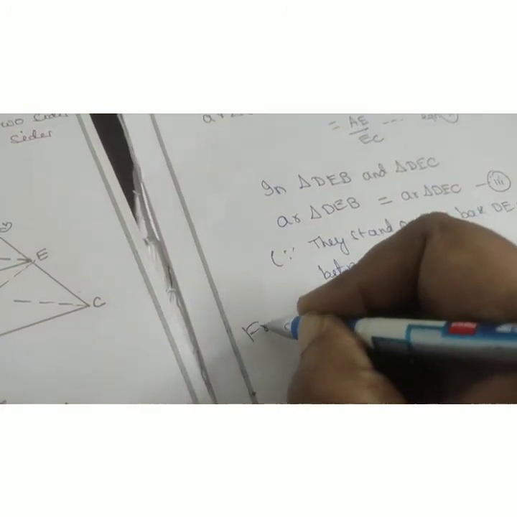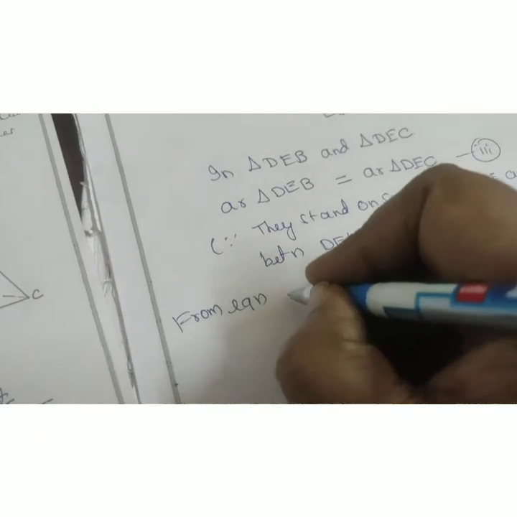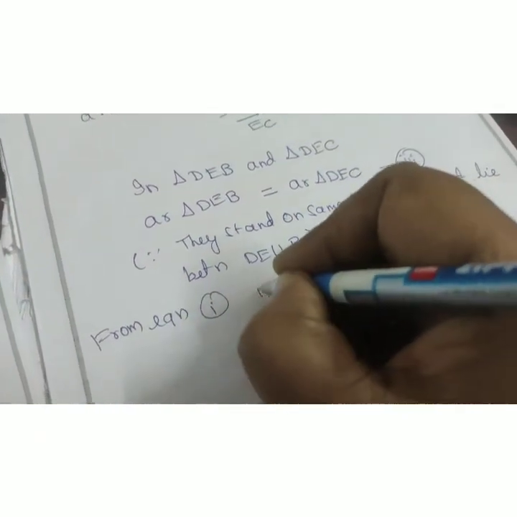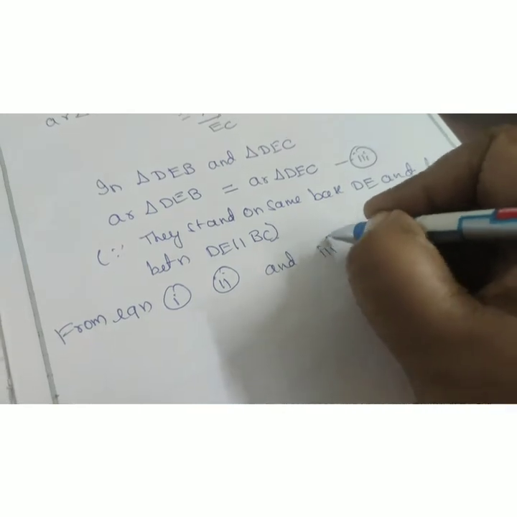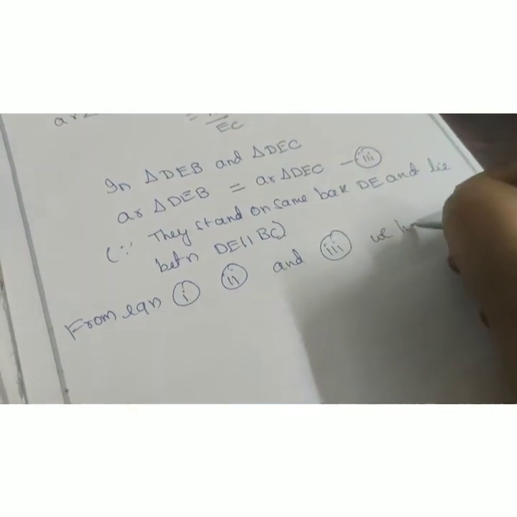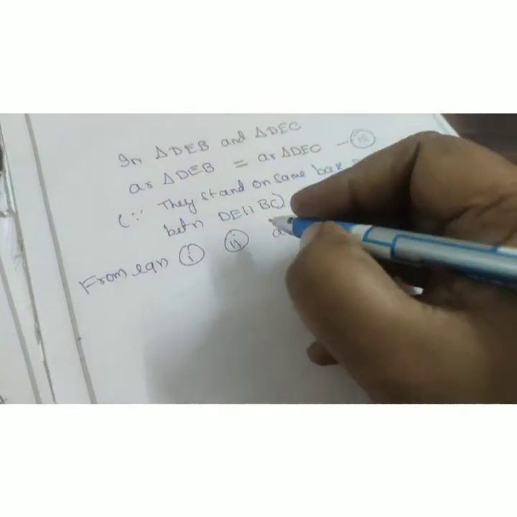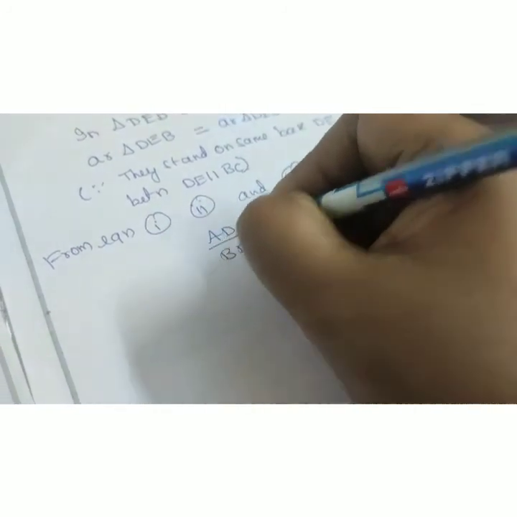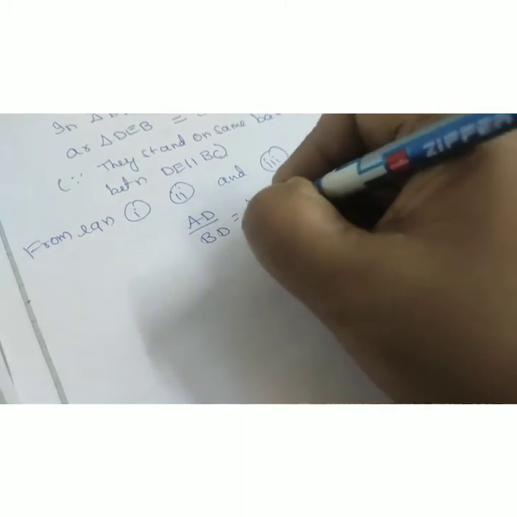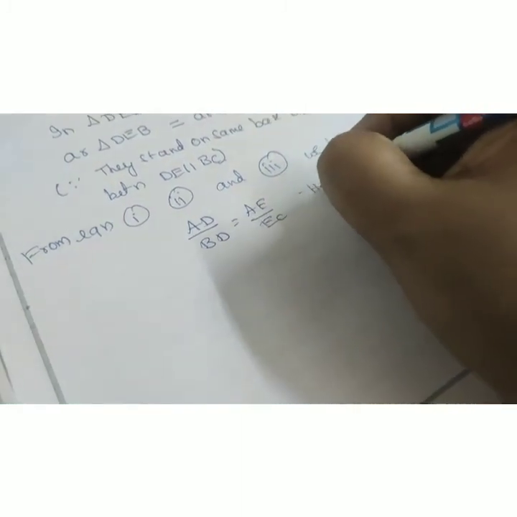The ratios are equal. We have AD by BD is equal to AE by EC, and hence proved.